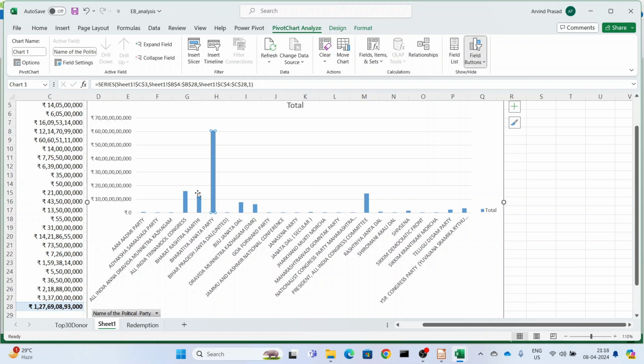But regional parties getting money, it means donors do feel that there is some political value in them. And that's more interesting. How do regional parties play a very important role in the overall politics of the country?